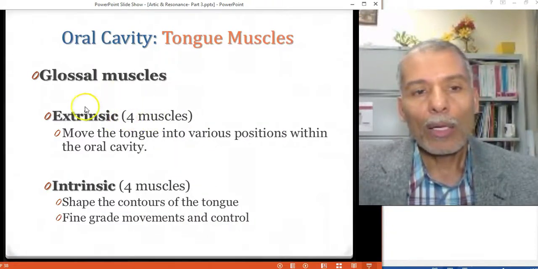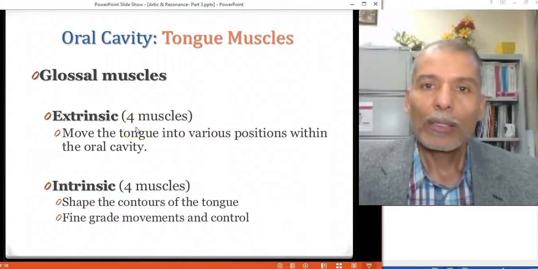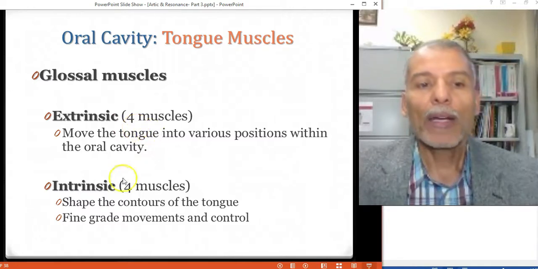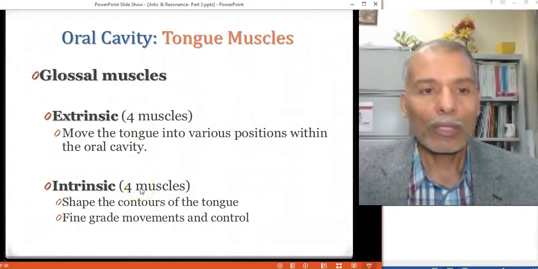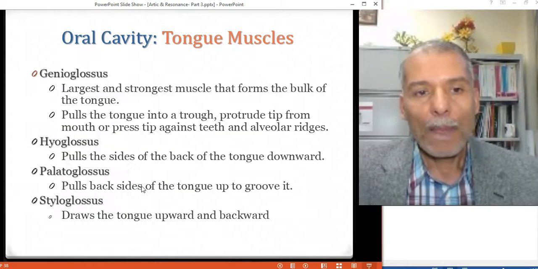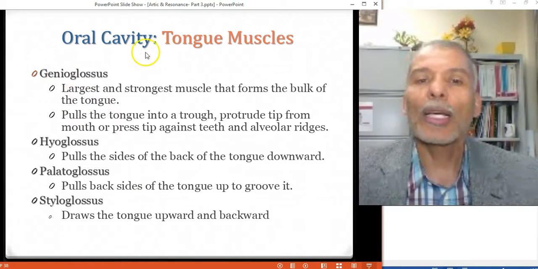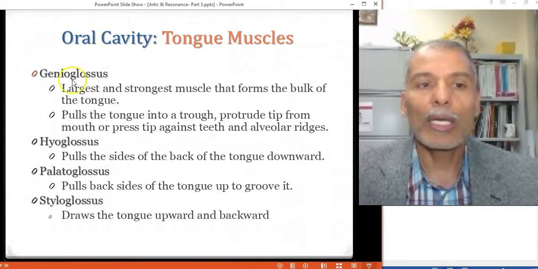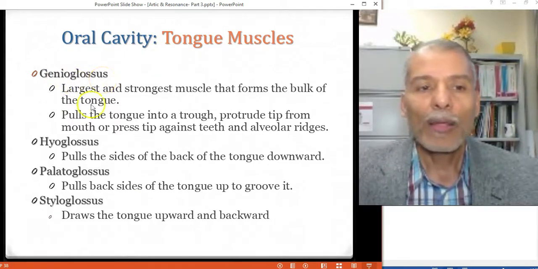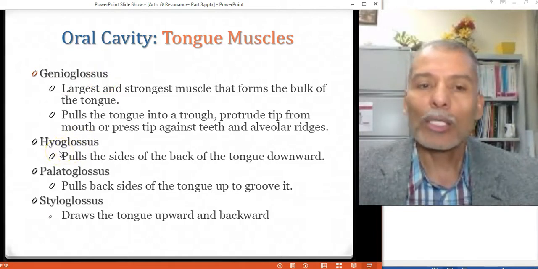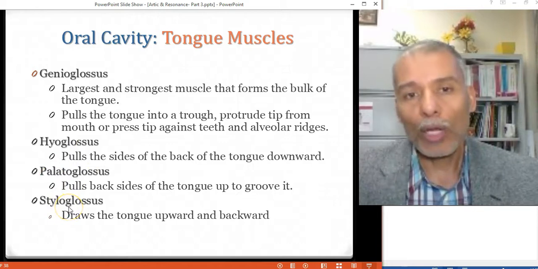So there are 4 extrinsic tongue muscles, and there are 4 intrinsic tongue muscles. The first one of the extrinsic tongue muscles is the genioglossus. The second one is the hyoglossus, and then the palatoglossus and the styloglossus.